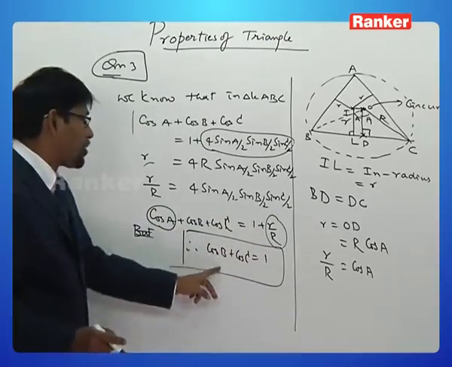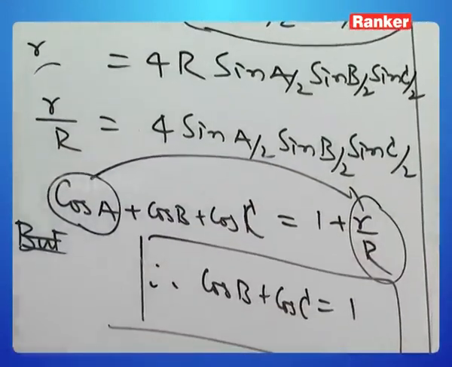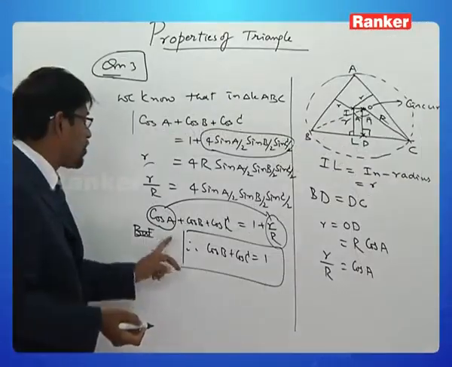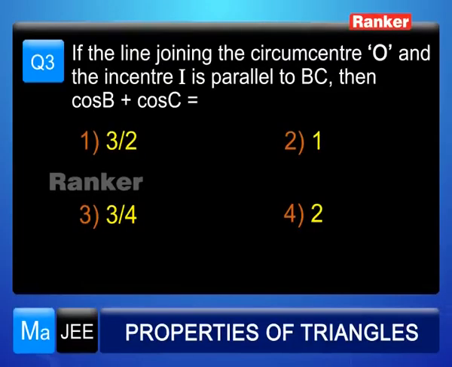Therefore, since these two are equal in the given problem, cos B plus cos C has to be 1, and that is clearly appearing in option 2. So option 2 is the right answer.